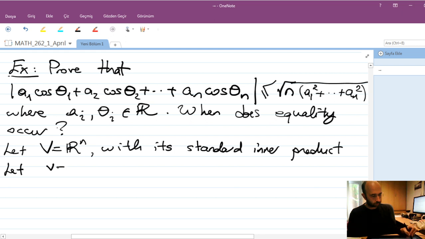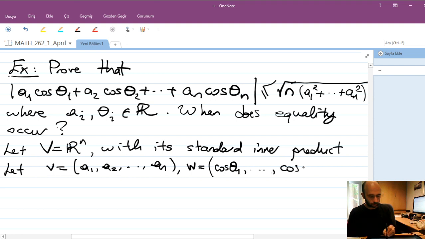So one is simply v equals a1 up to an, and w is cosine theta 1 up to cosine theta n. Now, apply the Cauchy-Schwarz inequality for these two vectors.